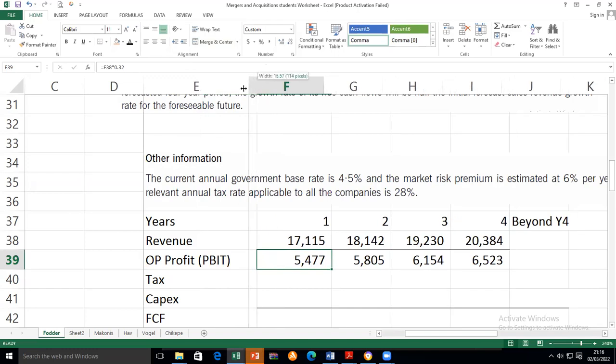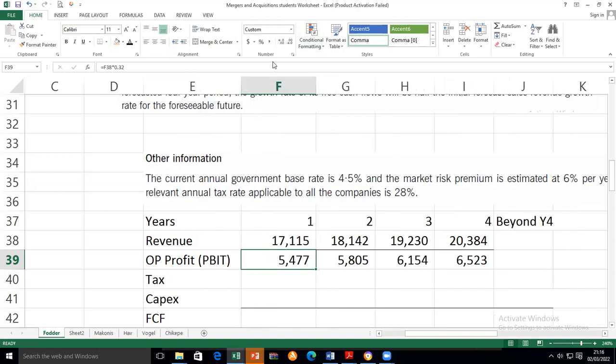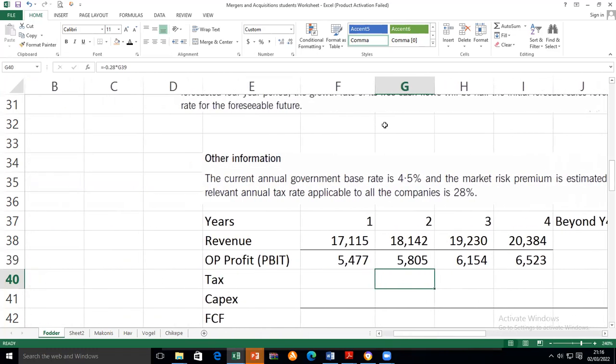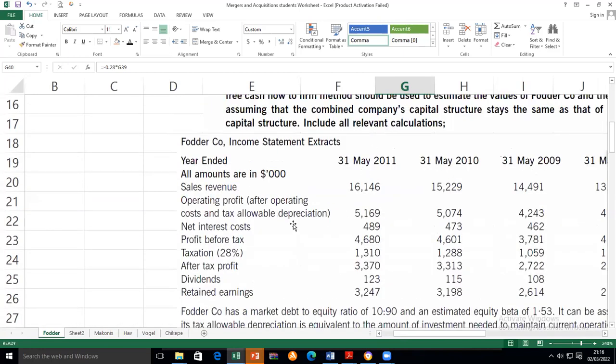Mr. Piri, I think I'm a bit behind on how you are getting the 32% and why you are using revenues to get the operating profit. Okay, let's go. We are told that what has happened in the past is what you expect to happen in the future, the next 4 years and beyond.